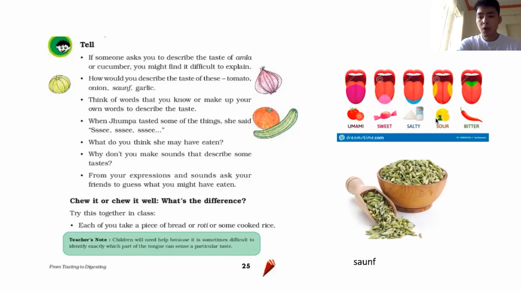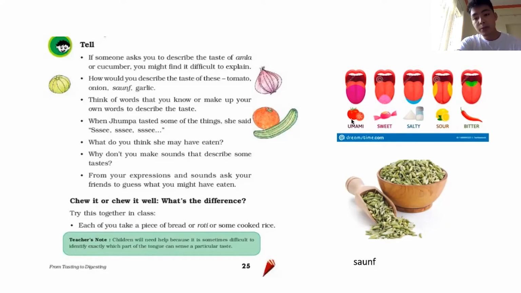It's a little bit of salt, sour, a little bit of sweet. So they're asking you, can you describe this taste here? Okay, this is a very new taste.